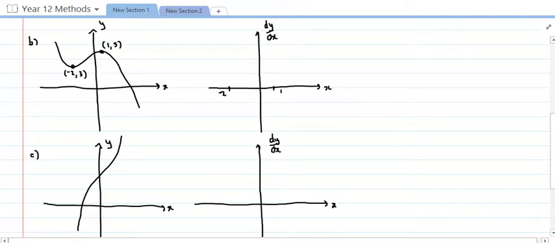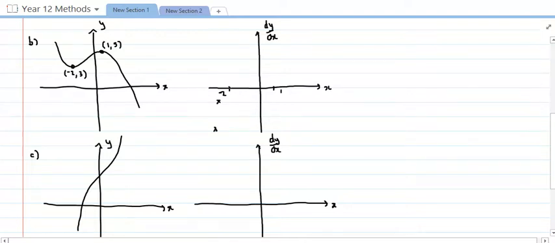This has to become a negative quadratic, so it should be going up through here and down through there. And what we can see is if we look at this, to start off with up here somewhere it's going to have a very negative gradient. So very negative down there. And as we get close to the turning point it's only a little bit negative, so just a little bit negative there. And then it goes positive and it becomes steeper and then it becomes flatter again.